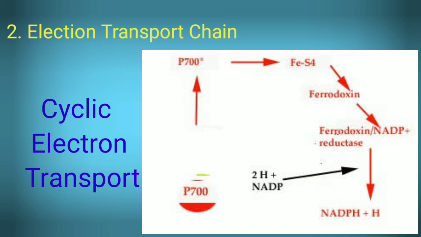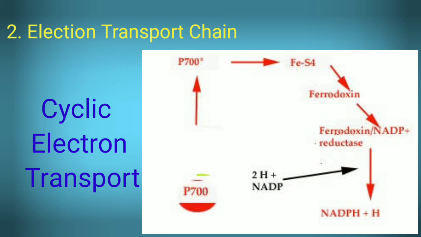As you know, ATP is the energy currency for all living cells. So in this electron transport chain, as ATP is produced, this electron flow is also called photophosphorylation.